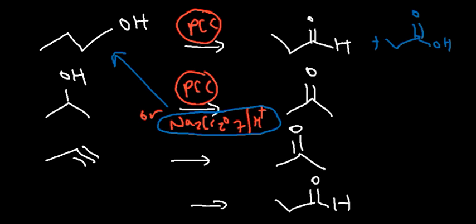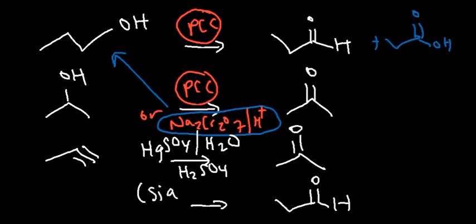Now, if you have an alkyne and you want to make a ketone, you need to use mercury sulfate with water and sulfuric acid. If you need to make an aldehyde, use a different version: BH3 and THF, peroxide, and hydroxide. This is the hydroboration oxidation reaction.